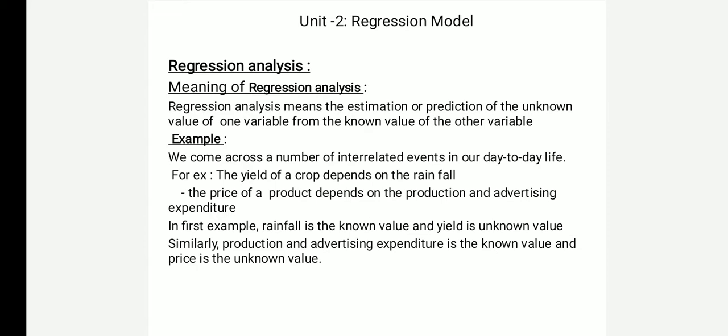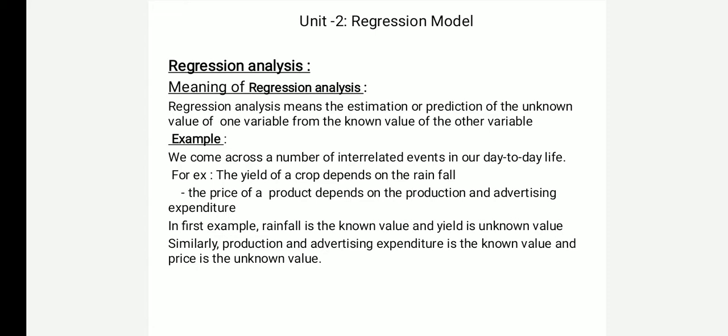Examples: the yield of a crop depends on the rainfall. So here rainfall is the independent variable and yield is the dependent variable. Now the converse is not true. Similarly, the price of a product depends on the production and advertising expenditure.